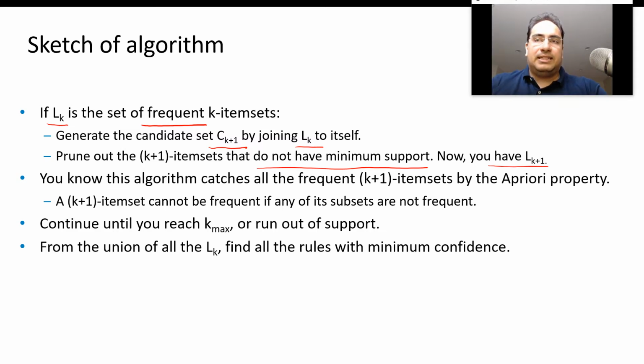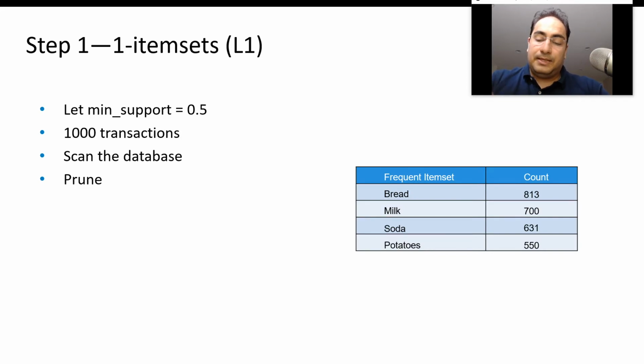there cannot be anything there, because each of those individual items, for example in L1, none of them exist in that item set of size 2 or 3. Let me give you an example.